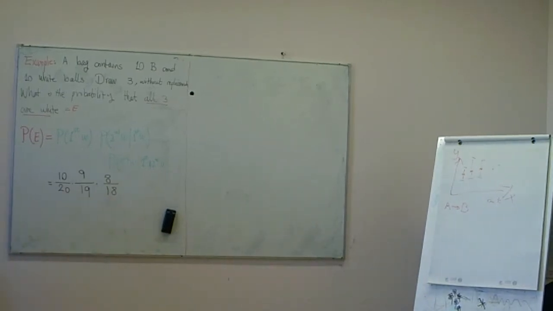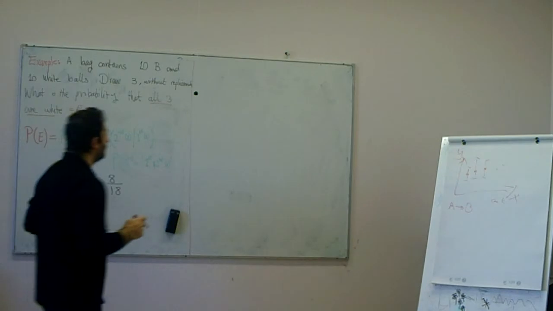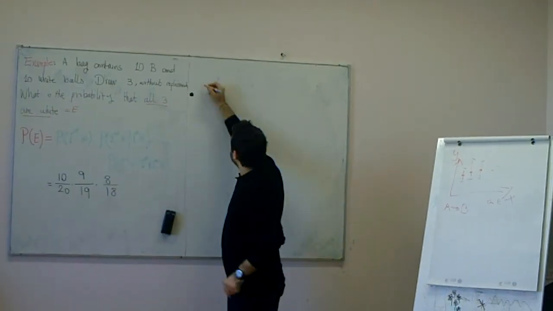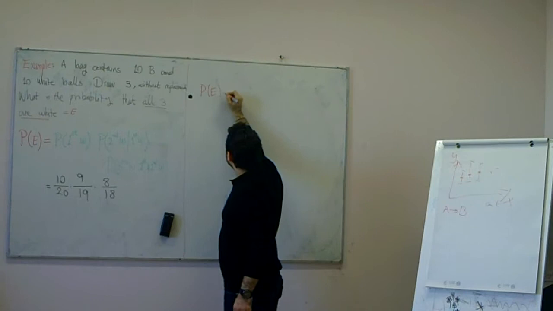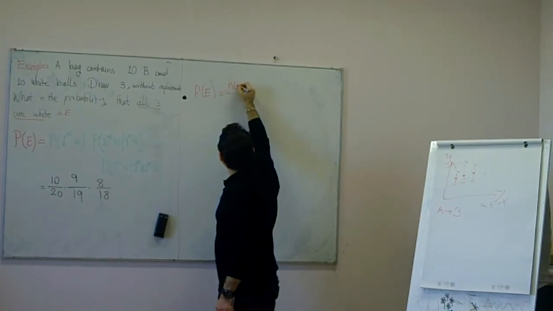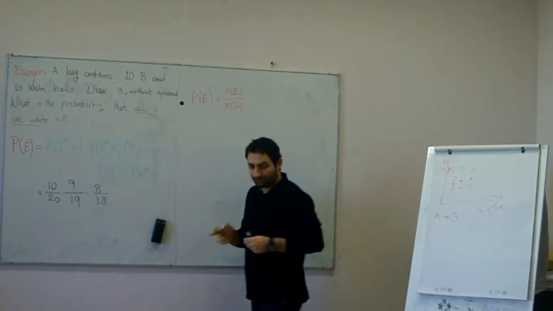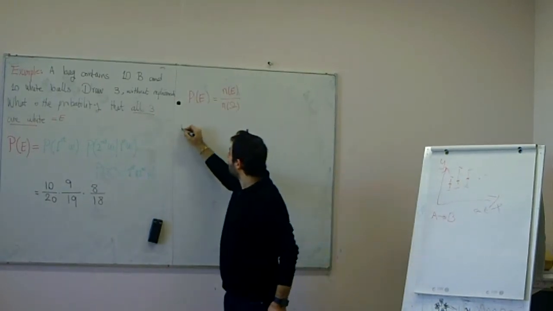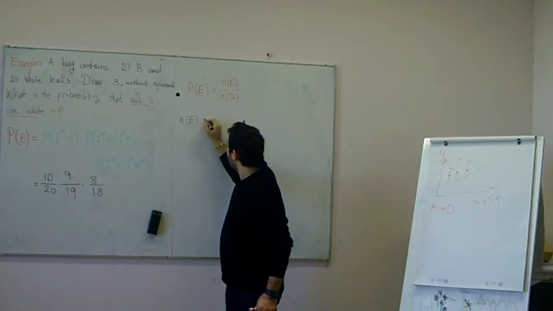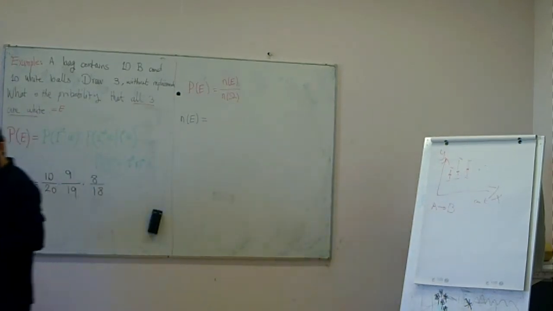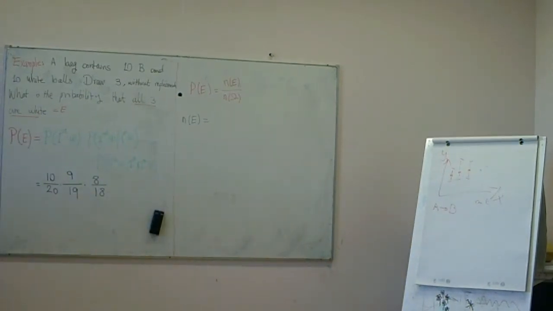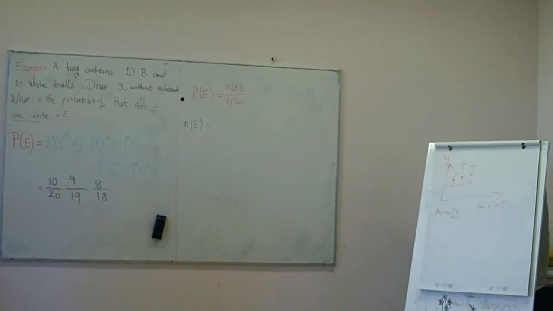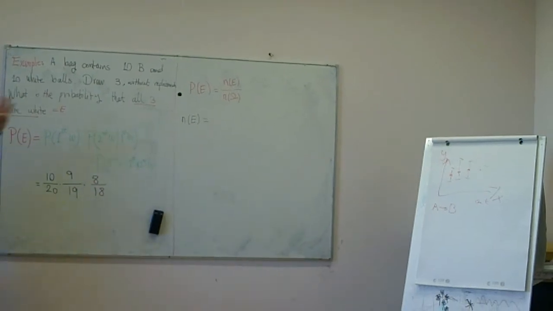Another way of solving this is in this form. Probability of our event is the number of event divided by the number of our sample. Now, what is the number of E? Number of E means how we can choose 3 white.